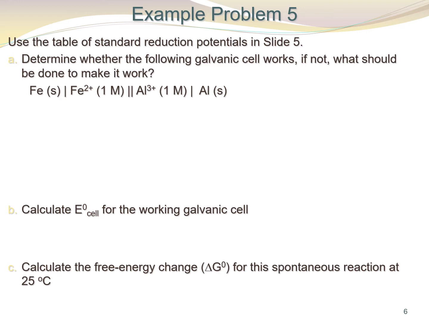First, the question wants us to know whether this setup works as a cell. If it does not work, what are we going to do about it? If it works, we are asked to calculate the standard cell potential, and later the standard free energy change of this spontaneous reaction.